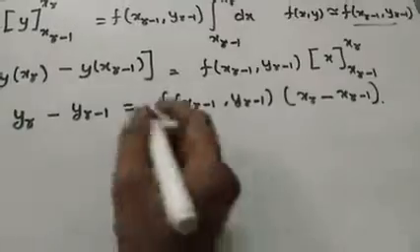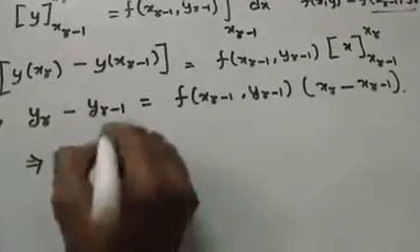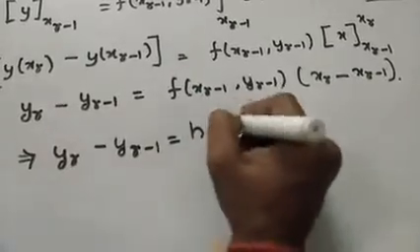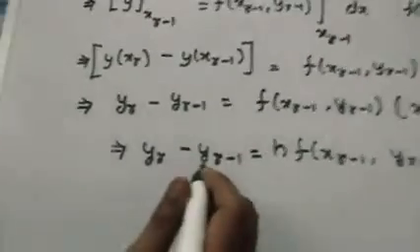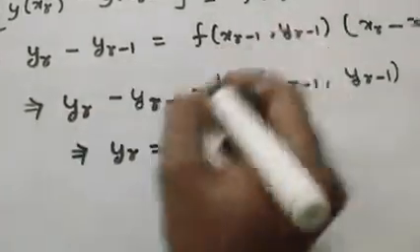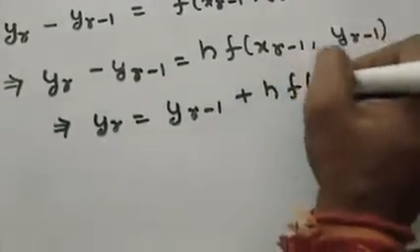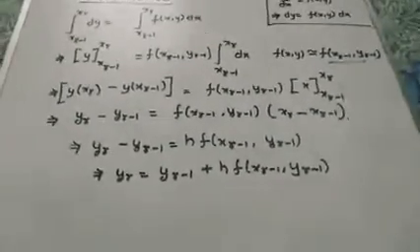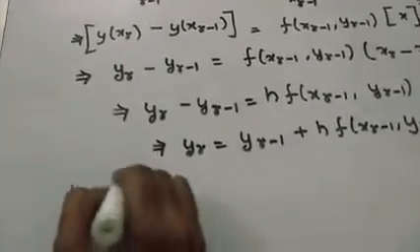Instead of yr minus yr minus 1 we can write h f of xr minus 1, yr minus 1. Taking this minus side term to that side, we got the proof.